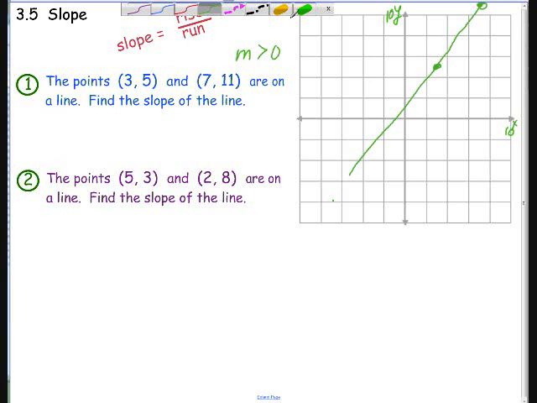Well, I know it is rise over run, and I know that rise over run is the change in the vertical over the change in x. Well, what is the change in my vertical? It's 11 minus 5, right? That's the change I'm seeing as I go from 5 to 11.